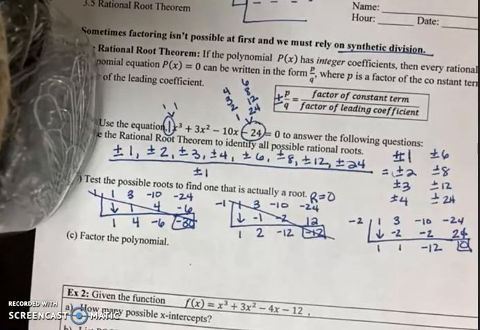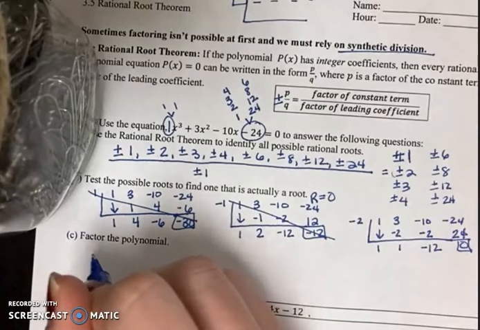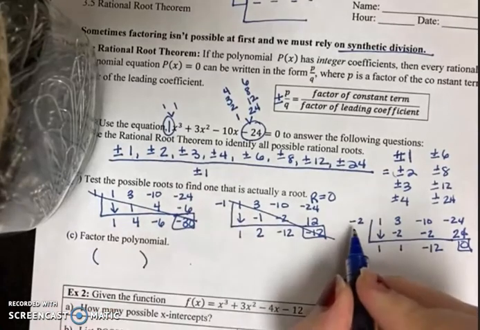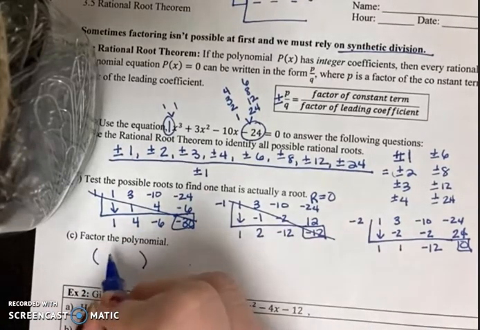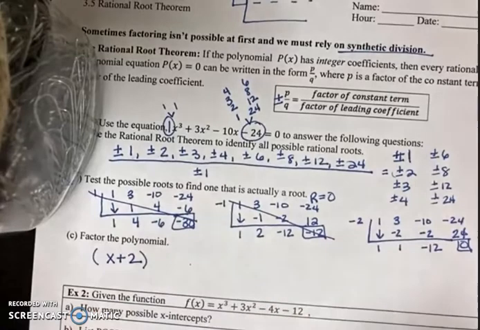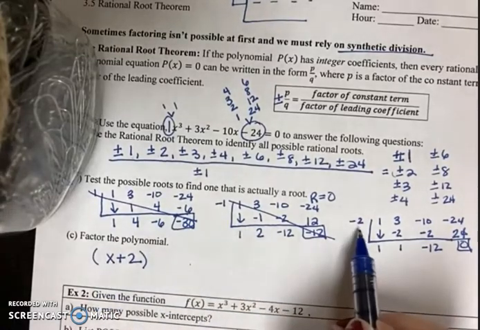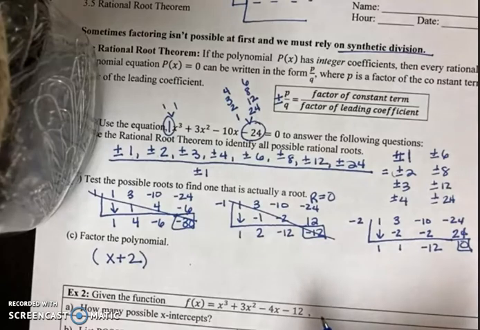But if I'm factoring it, I would need to write my negative 2 as a binomial, which would be x plus 2. Because if I have x plus 2 equal to 0, that would give me my negative 2 as a solution.